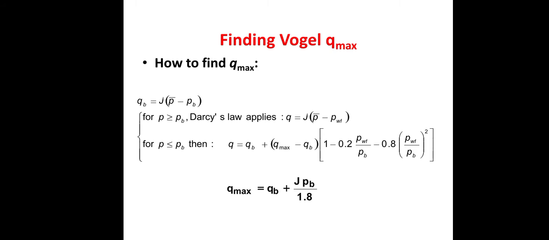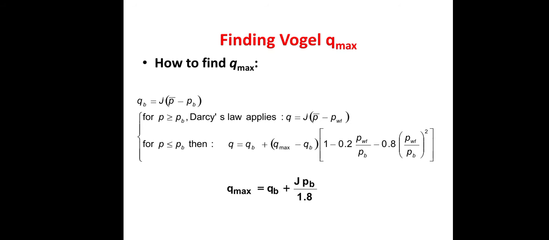Do not get confused: always know that if P is greater than P bubble, the Darcy law applies. When the pressure is below the bubble point, you make use of the Vogel equation, which is Q equal to Q bubble point plus Q max minus Q at the bubble point, with everything in brackets.